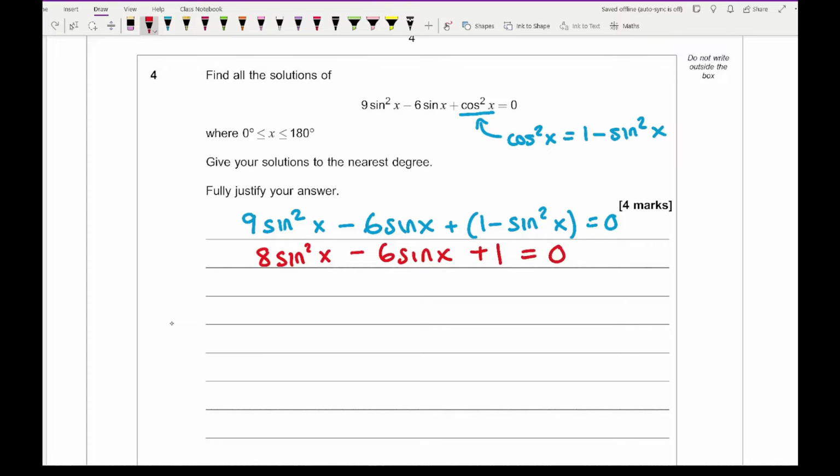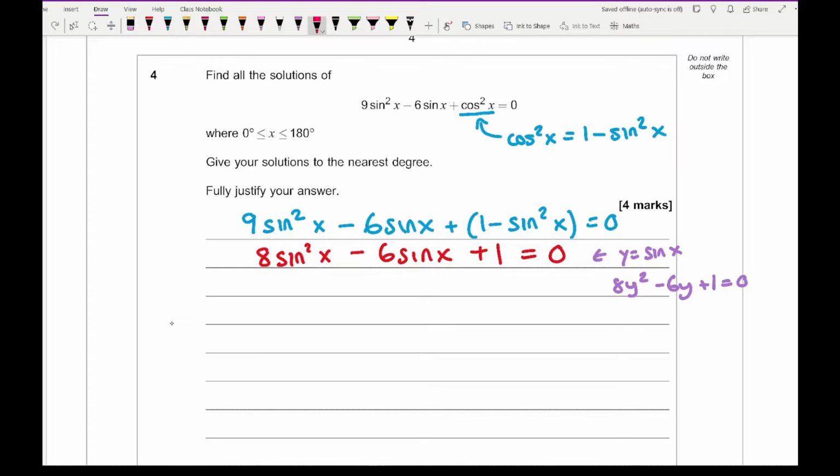Now from this, you should be able to spot that this looks like a quadratic. Imagine if I said y equals sine x, then I'm going to end up with 8y squared minus 6y plus 1, if you find that easier to work with, or you can just deal with how it's written in trig form.